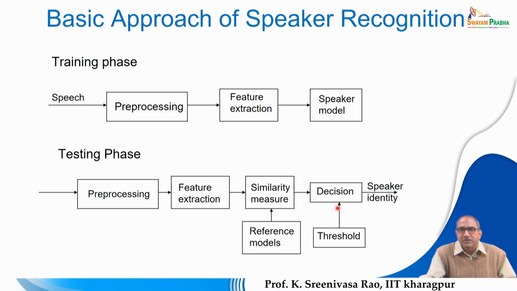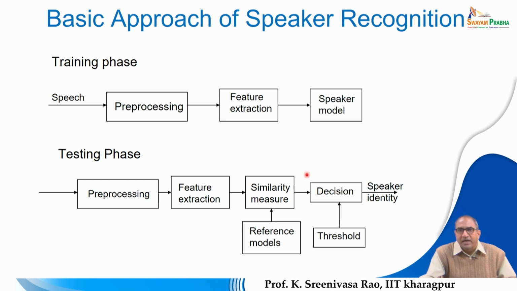In speaker recognition, there are two different tasks. One is speaker verification and the other is speaker identification. We will see the difference between those two. In speaker identification, from the given speech sample, we need to identify who has spoken that among the available speakers.